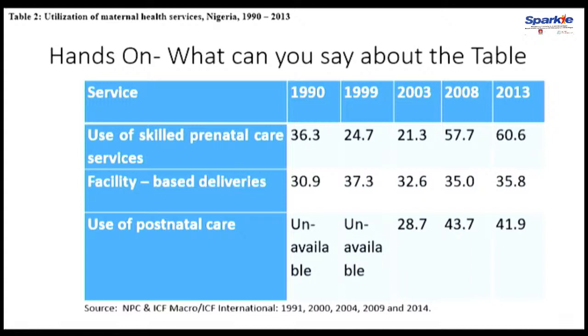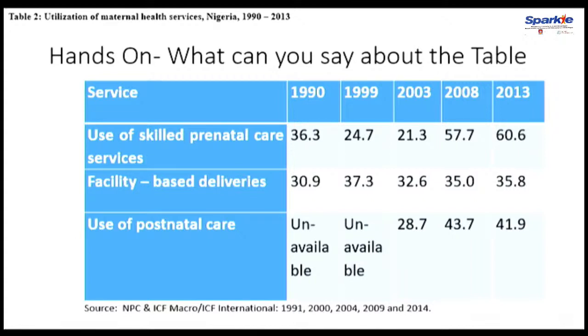Three variables. Yes, use of skilled prenatal care services. 3 variables. What are the variables? Use of skilled prenatal care, that's a variable. Service-based services. That's variables. Service utilization. We have just one variable: service. Those are options.